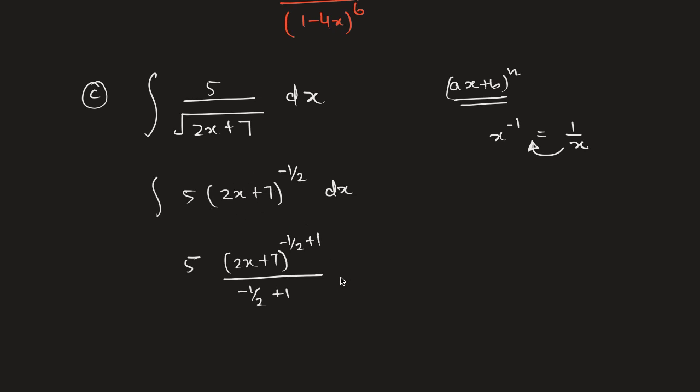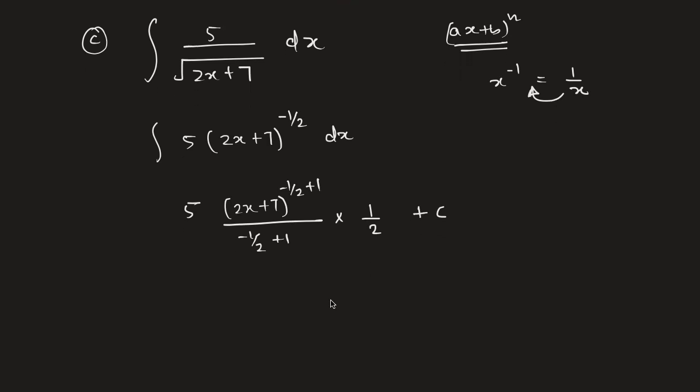What we'll get over here is 2. Now instead of multiplying, I will divide by 2, plus c. Okay, now let's simplify this part. This would be 5 (2x + 7) to the power half, divided by half, and by 2, plus c.